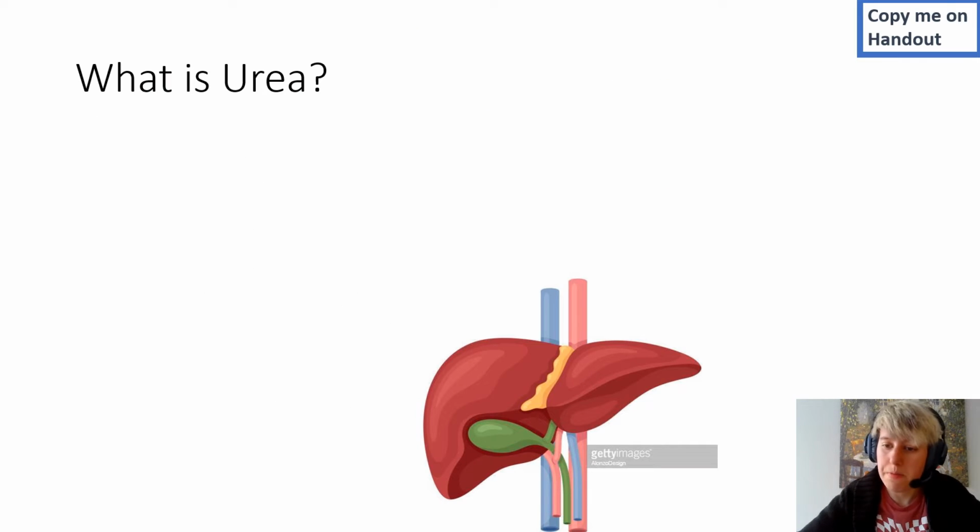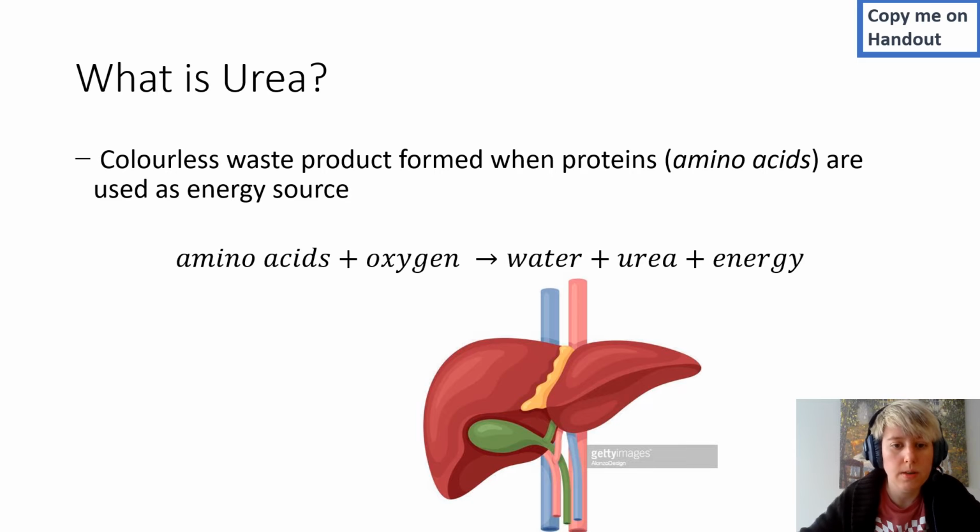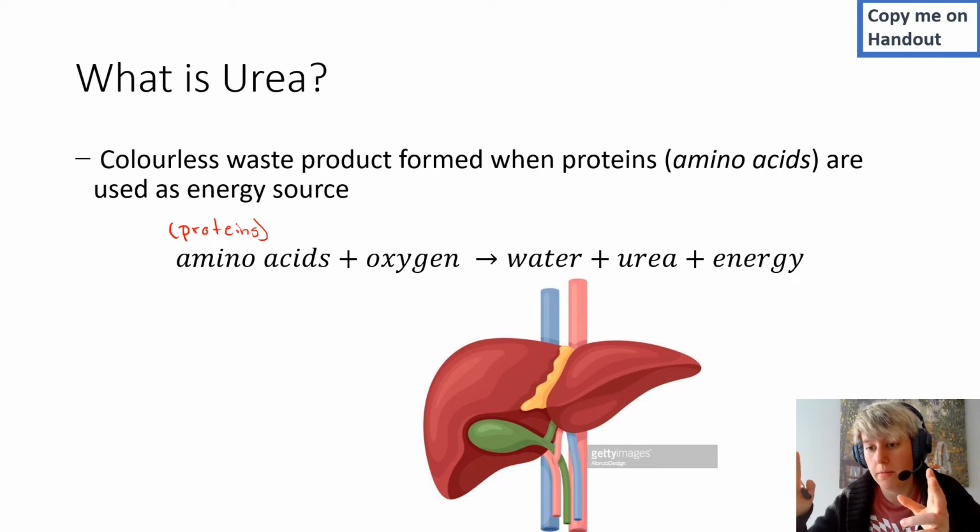So urea, I mentioned it a little bit in the slide before. It's a waste product when proteins are actually used as an energy source. So the simplistic chemical reaction for how urea is formed is that your amino acids, which are basically the building blocks of proteins, in the presence of oxygen get burned.